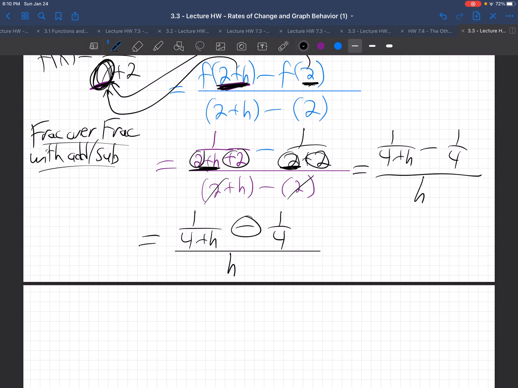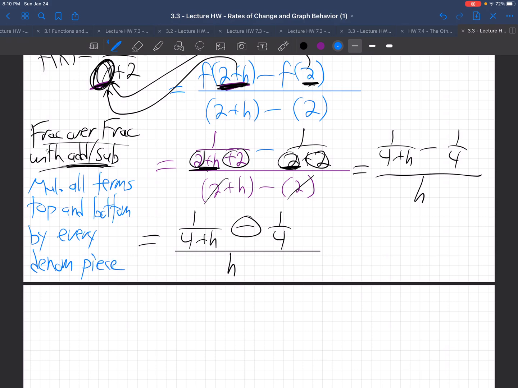It's because we have that subtraction right there that we have to do something a little more difficult. What is that? You multiply all the terms, top and bottom, by every denominator piece. So what do I mean, every denominator piece? What are the denominator pieces? This and this. Right?